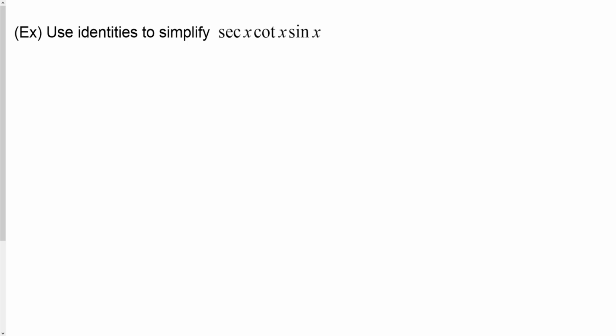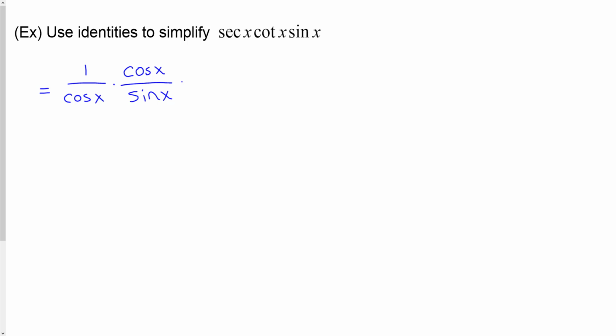For instance, the secant of x, I know that that is equal to 1 over cosine x. So I can change secant of x into 1 over cosine. Cotangent is cosine x over sine x.